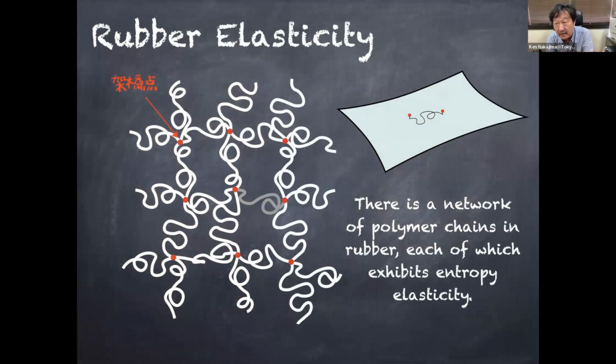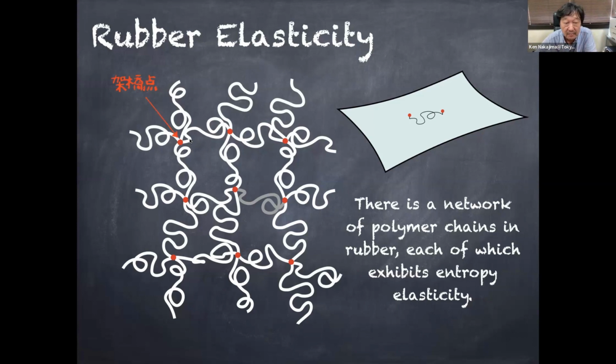But as is written in Kuboyama sensei's slides, in the last part of his slides, and also here, rubber is a kind of cross-linked chain-like molecules, like in this cartoon.